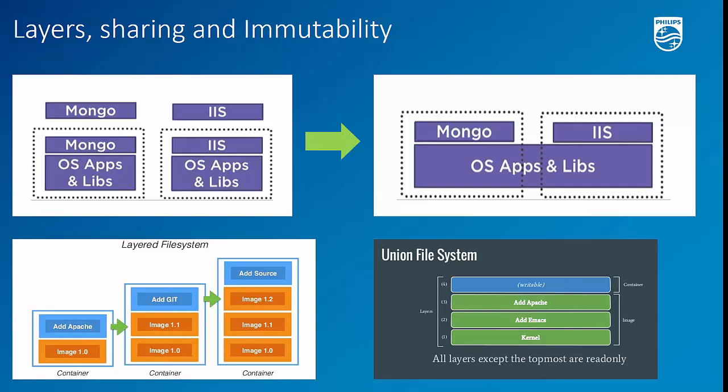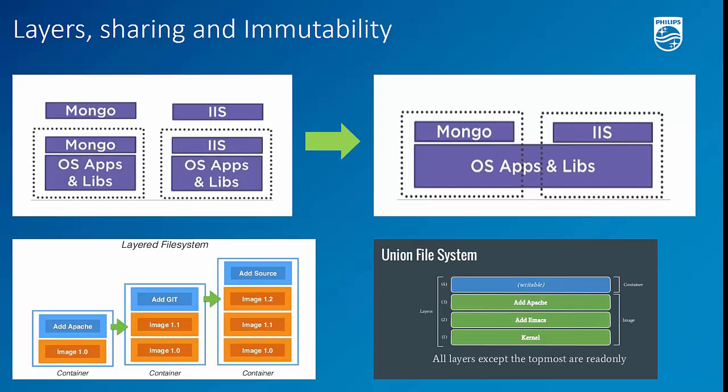So what is a union file system? Basically, the underlying layers become read-only, and what you see is a union of all these layers. For a given application, it is a complete file system.